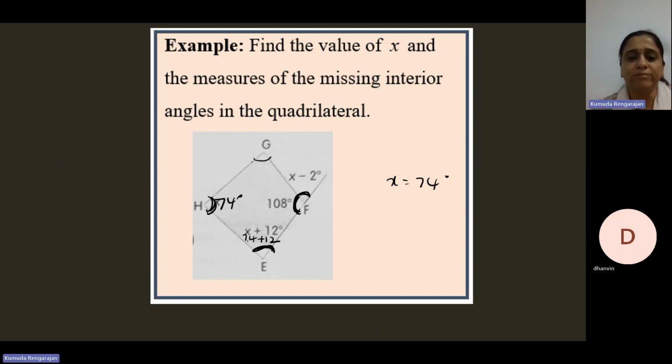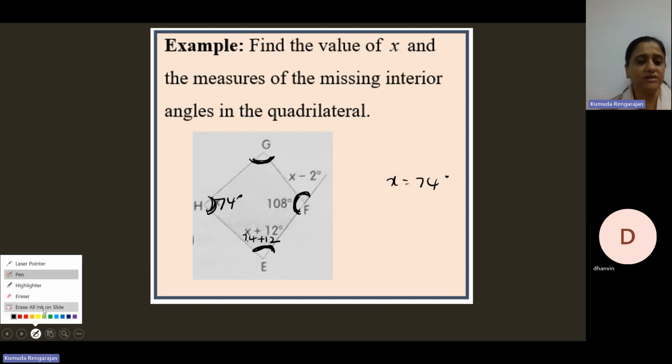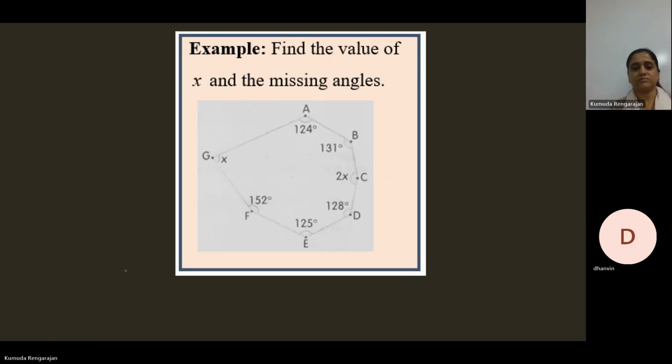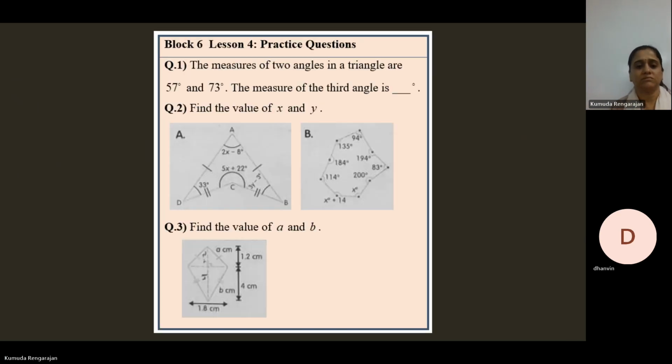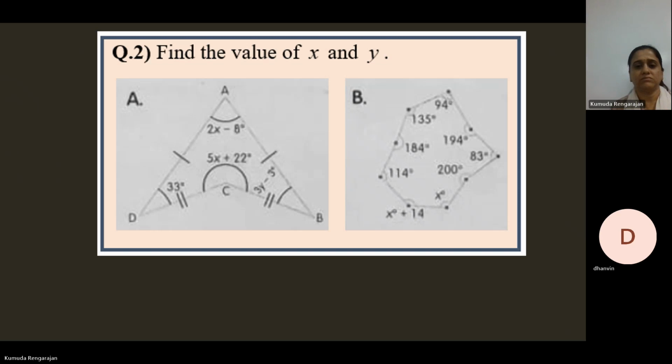And using the angle sum property, you should find G. The sum of the four angles is equal to 360. Yeah, we'll do this one and wind up the session for today.